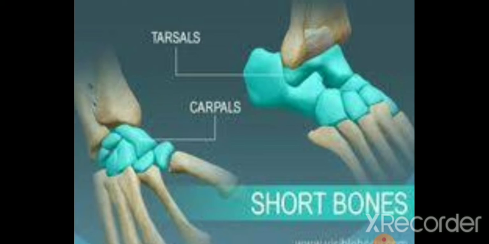Next is short bone. These are irregularly shaped bones. Their structure is spongy throughout except at their surface where there is a thin layer of compact tissue. 16 bones of the carpus, 14 bones of the tarsus, and 2 patellae come under the category of short bones.